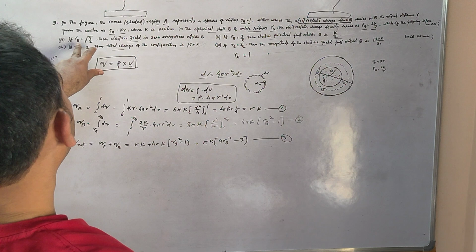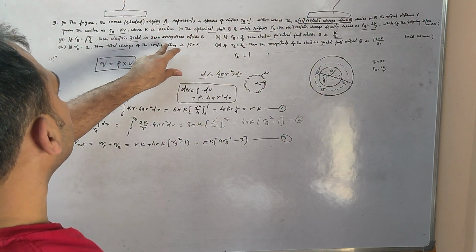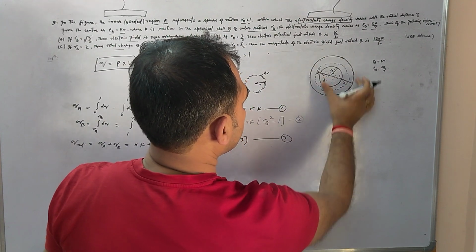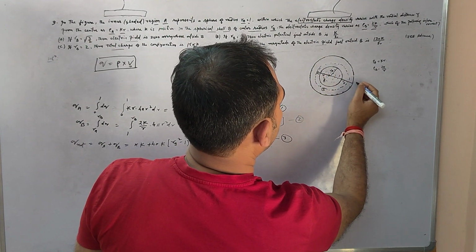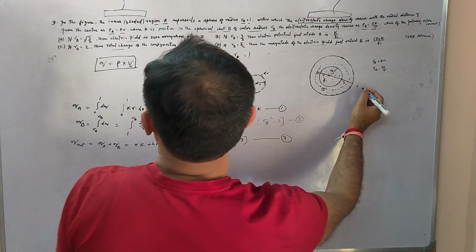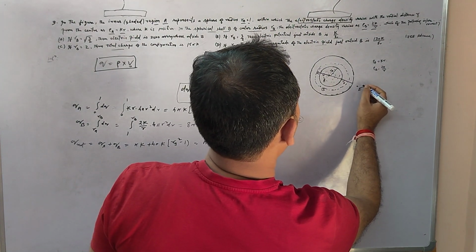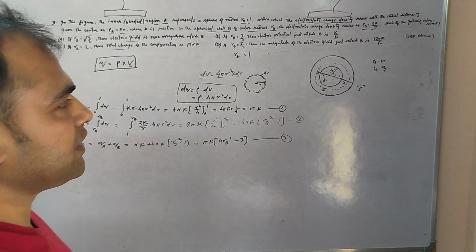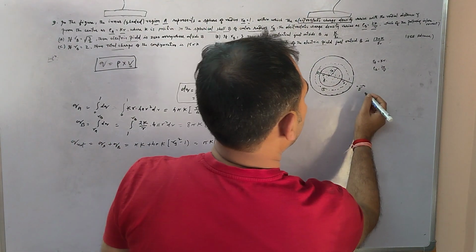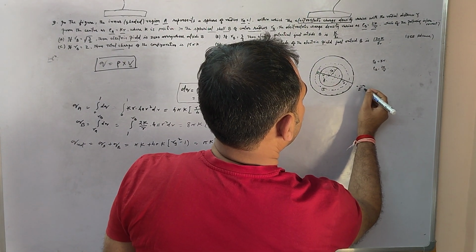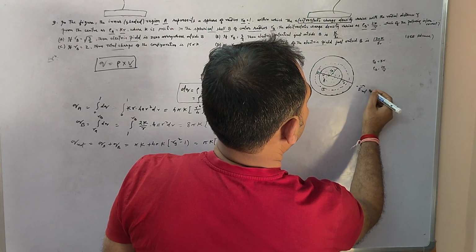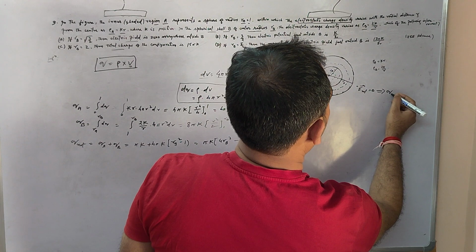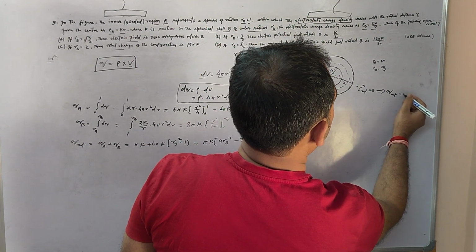What statement A says: if RB is this, then the electric field is 0 everywhere outside B, any point outside B. For the electric field to be 0 outside any sphere, the essential condition is that if E net is 0, it implies Q net is 0.